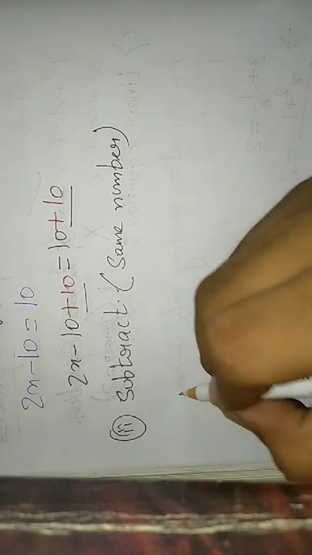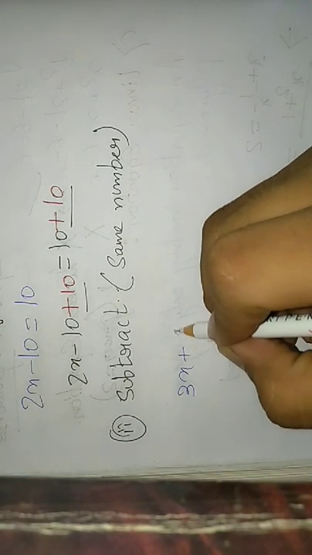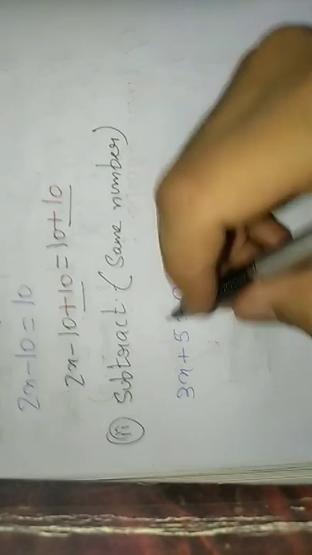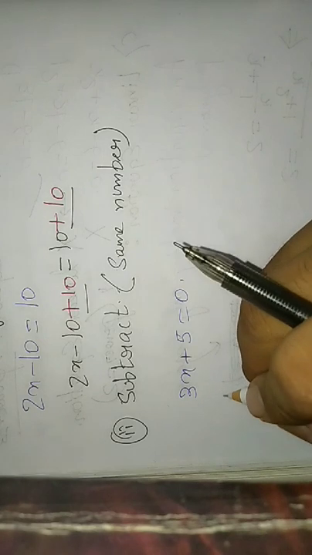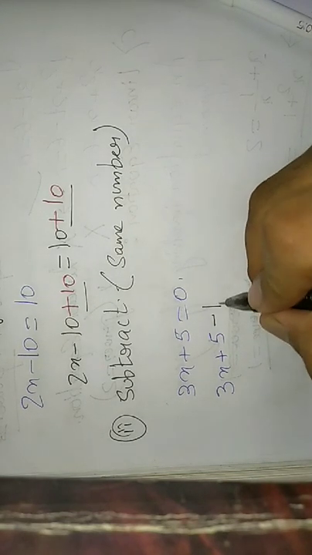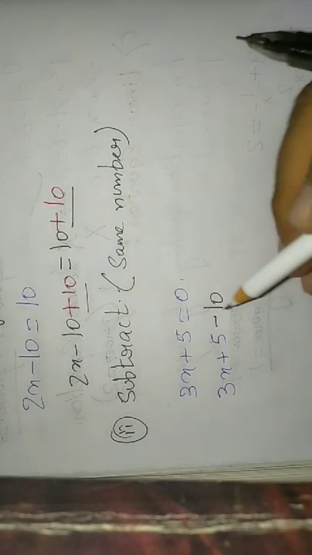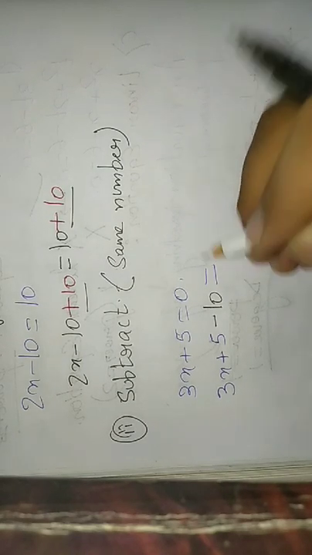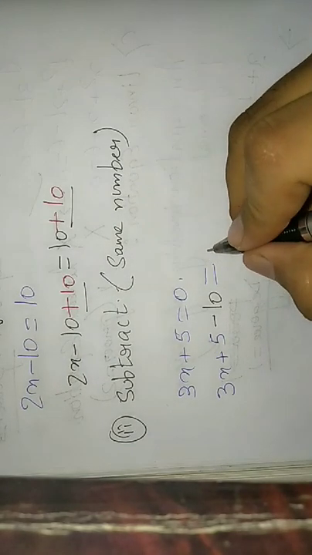Let's take an equation: 3x plus 5 is equal to 0. Let's subtract 10 from both sides. 3x plus 5 minus 10 is equal to 0 minus 10.